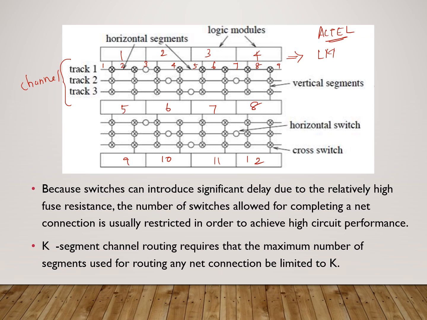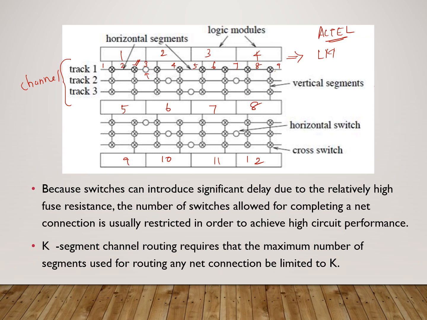So we have divided it into a number of segments, right? And all these segments are called horizontal segments. In between two horizontal segments, if you want to make a connection, we have to use a switch, right? See, this is called the switch, which can be used to connect the two segments.